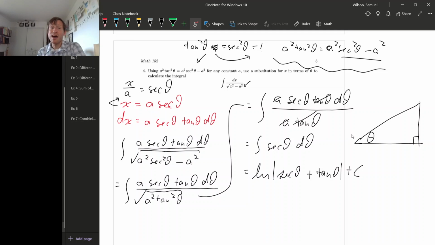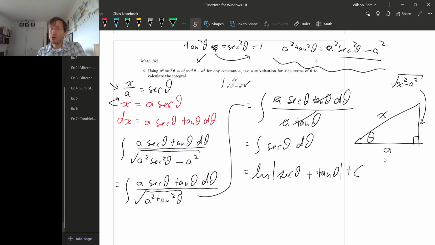And we'll label the sides so that secant of theta actually is x over a. Secant is hypotenuse over adjacent, sorry. So the hypotenuse should be x, the adjacent side should be a, and then we can find the third side using the Pythagorean theorem. So it's the square root of x squared minus a squared.